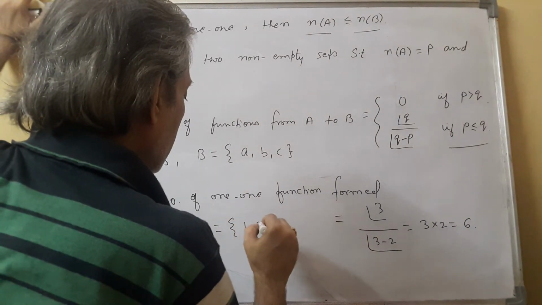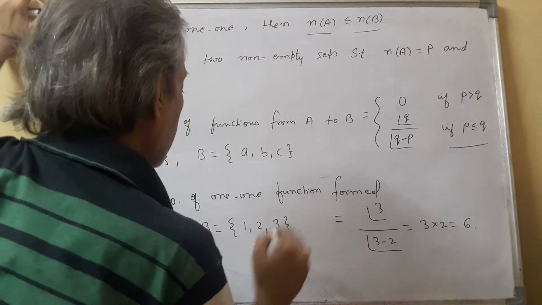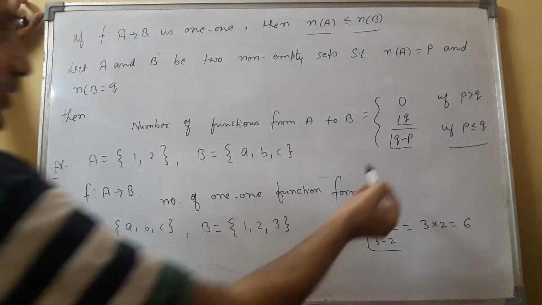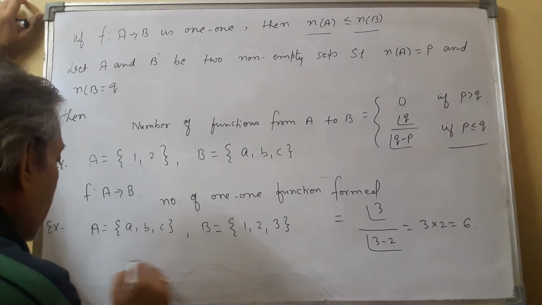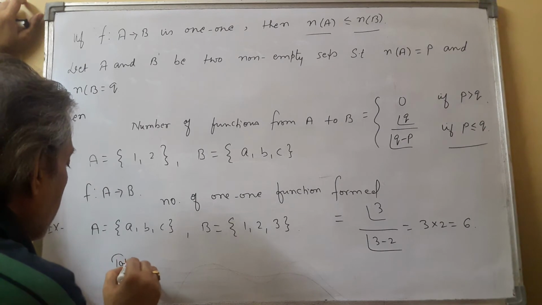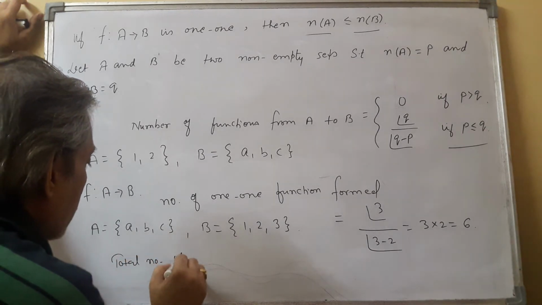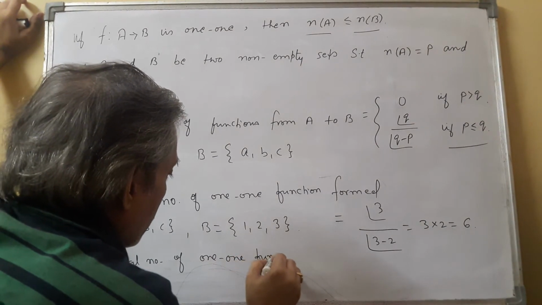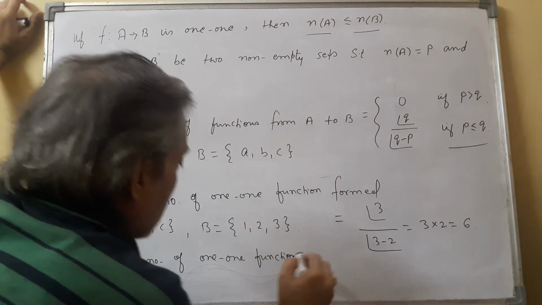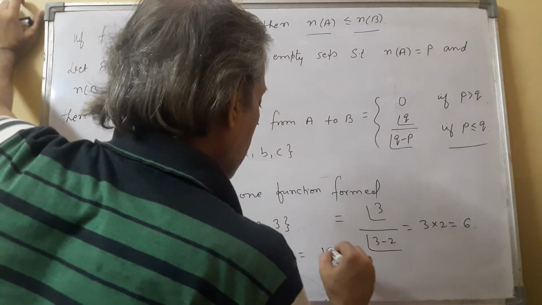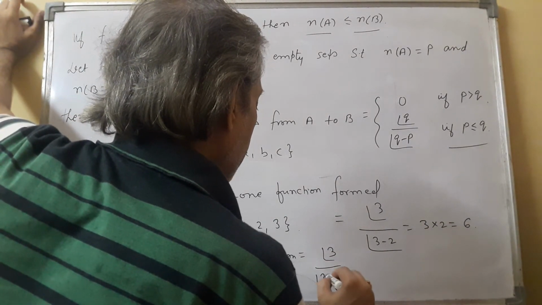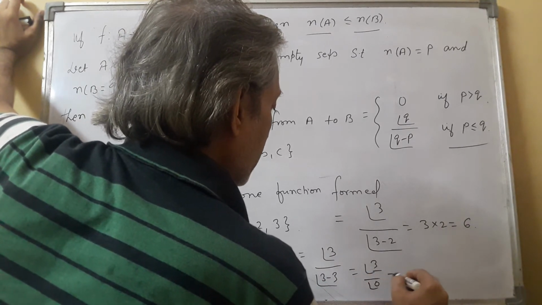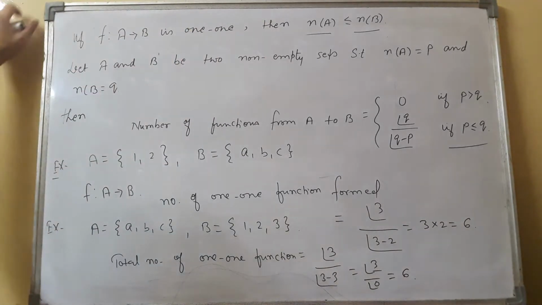B has 1, 2, 3. Equal number of elements. In this case also this satisfies. So apply this formula. Total number of functions क्या बनेगा यहाँ पे? So factorial 3 upon factorial 3 minus 3, that is 0. Factorial 3 upon factorial 0. Factorial 0 is 1. Again answer is 6.